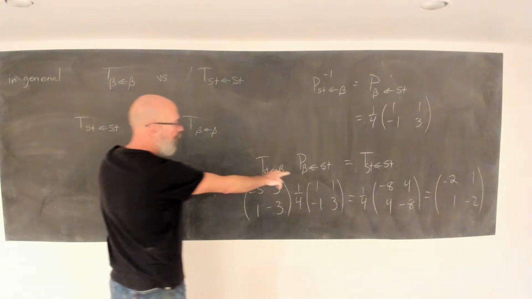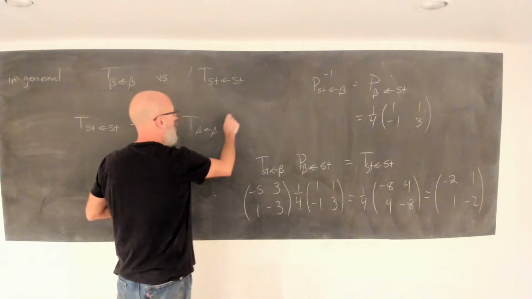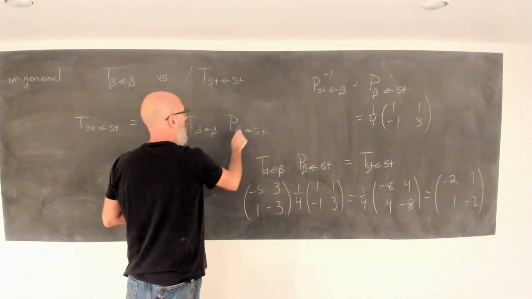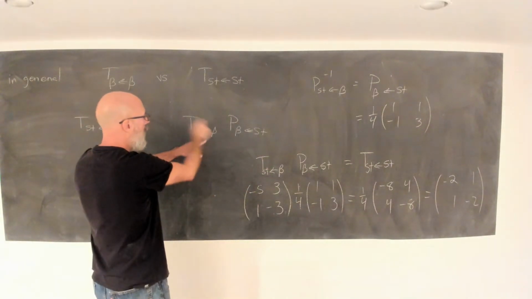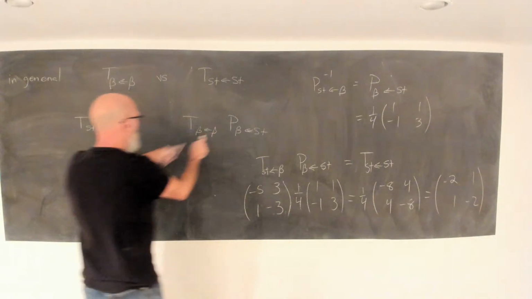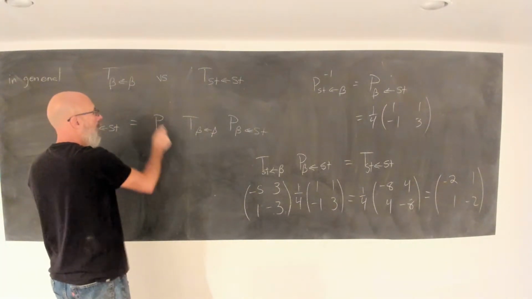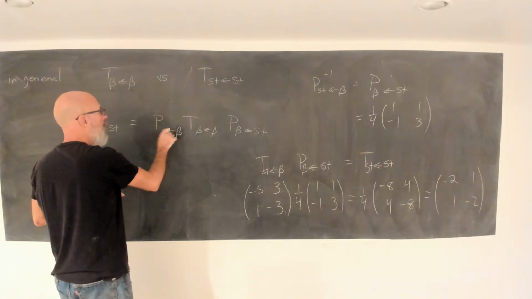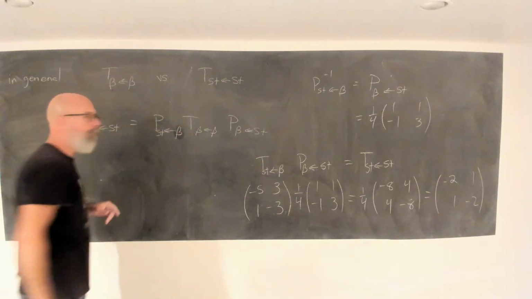what are you going to do? You're going to do exactly what we did here, right? You got this linear transformation from standard to B. Act on it via T, which takes elements in B and spits out the answer in B. And then translate B back to standard.